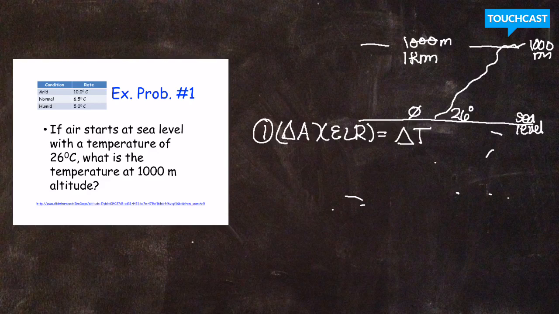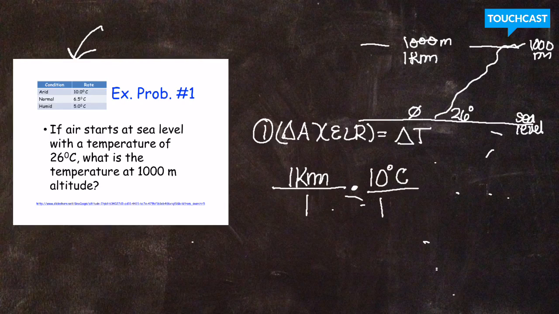So I changed my altitude by 1 kilometer, times the environmental lapse rate. Well, if we use the dry lapse rate, then for every 10 degrees Celsius, that means I've hiked up 1 kilometer, equals the change in temperature.